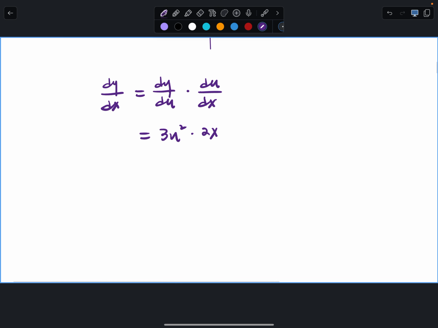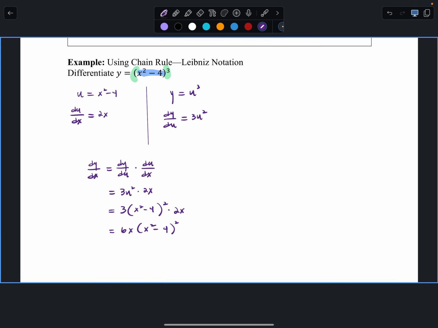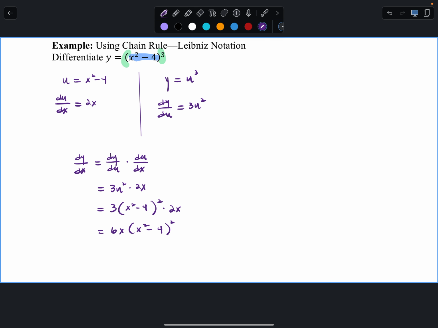And then if we substitute what we had let u equal back in, that was x squared minus 4. Okay, that's your derivative, or you could clean it up a little bit if you want. But that would be dy over dx using the chain rule with the Leibniz notation.